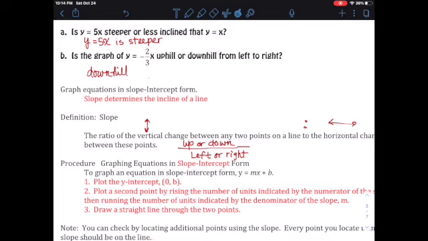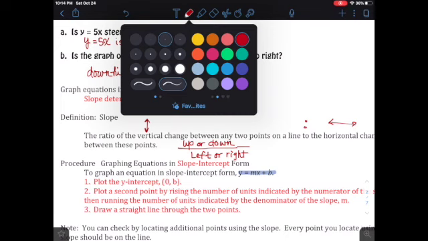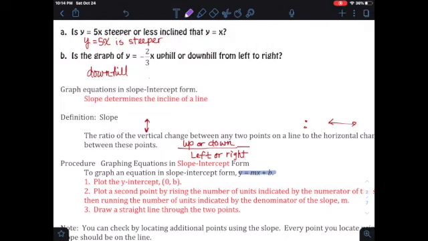Procedure on graphing an equation in slope-intercept form. To graph an equation in slope-intercept form, that is right here, that is the slope-intercept form. And I need you guys to understand what the form's name is. The reason it is called slope-intercept form is because m is the slope and b is the y-intercept.